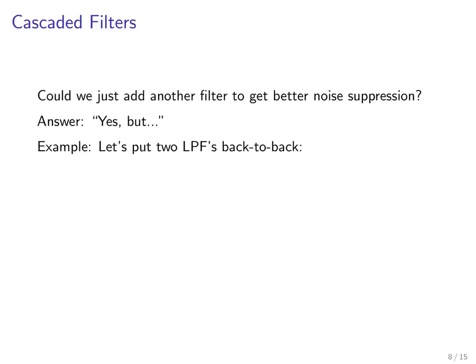So for example, let's say we put two low-pass filters back to back. Originally we had the input signal and the input noise. That goes into the first filter, call that F1. Then we have our filtered signal and our filtered noise.